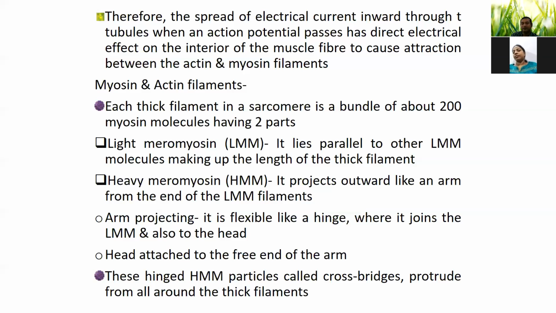That is to say, when a series of light meromyosin are capped with the heavy meromyosin, they collectively form a cross bridge that comes into action and protrudes from all the thick filaments.